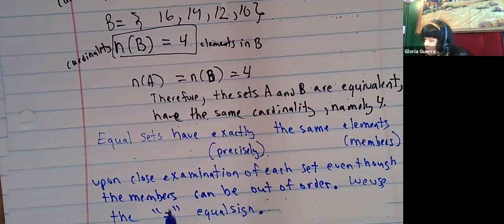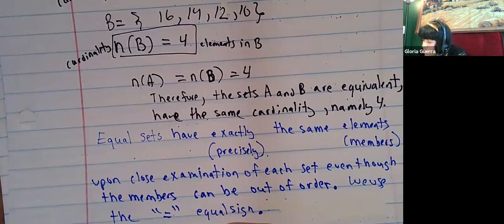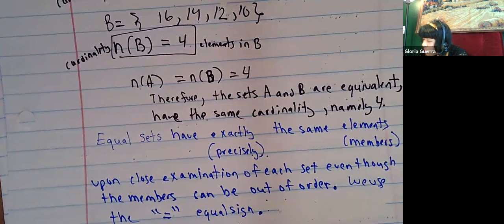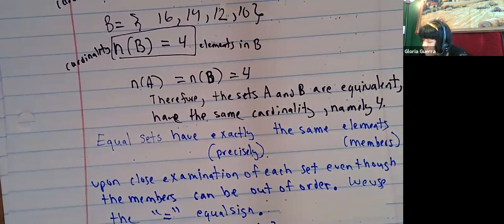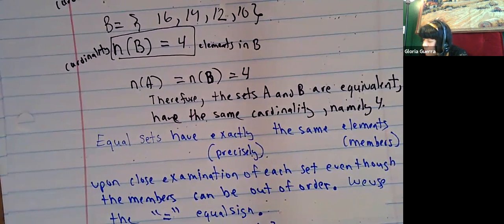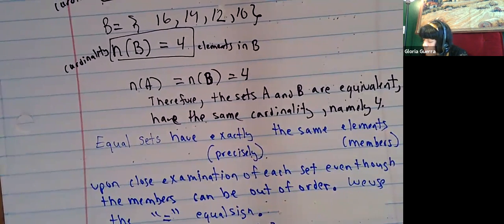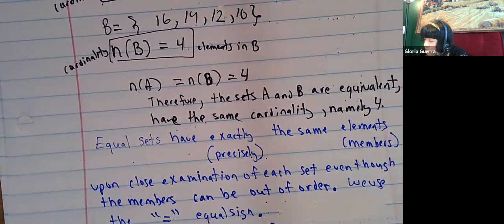So when you look at set A, if I put it from smallest to largest, I have 10, 12, 14, and 16. And when I look at B, it's out of order, but if I put it from smallest to largest, I have 10, 12, 14, and 16.